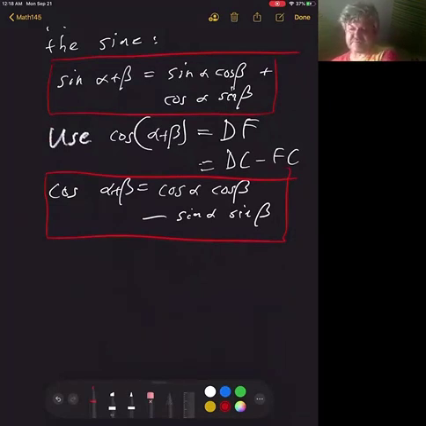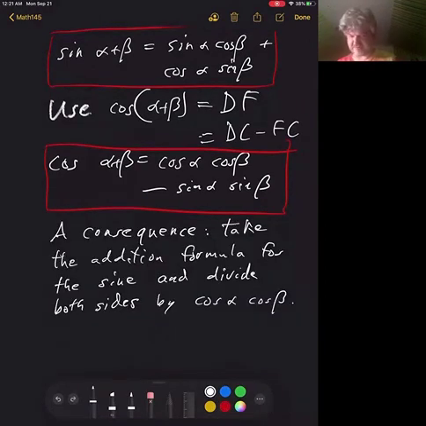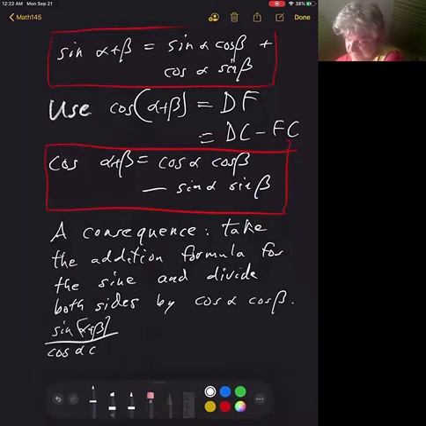For example, the tangent. Here's a consequence. Take the addition formula for the sine and divide both sides by cosine alpha cosine beta. So I get sine of alpha plus beta divided by cosine alpha cosine beta equals sine alpha.